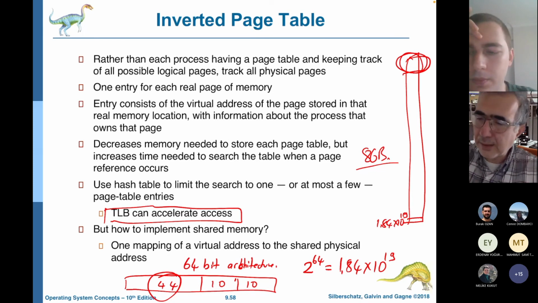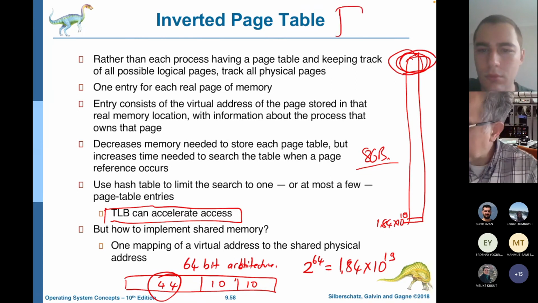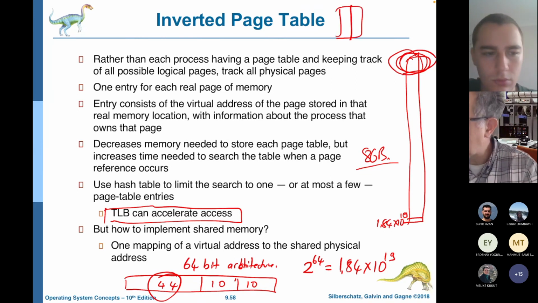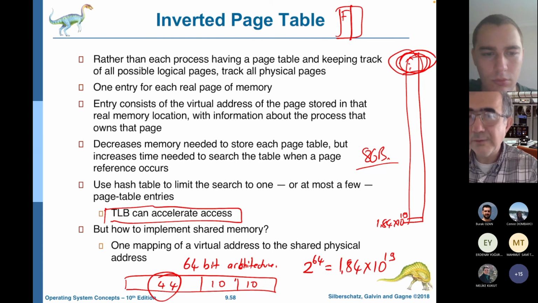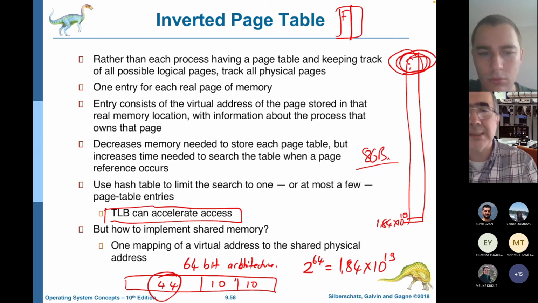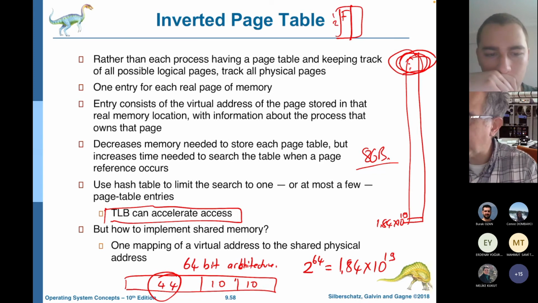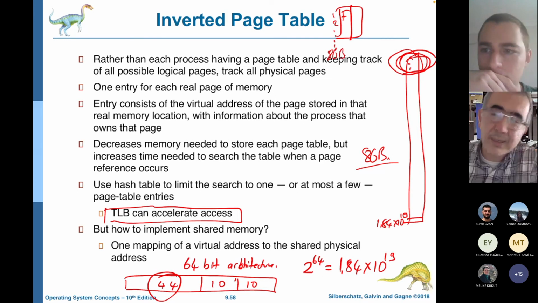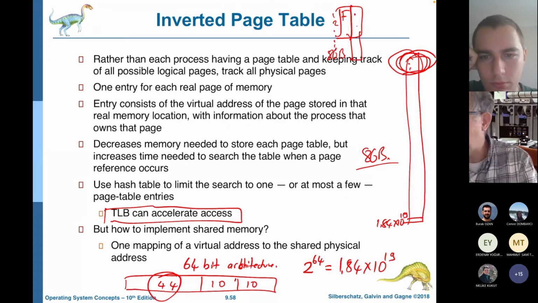Therefore, inverted page table says, make a table for this part, and in the entry for each frame, store which part of the logical memory is mapped onto it. So frame 1, frame 2, frame 3, frame 4, up to frame 8 gigabyte. Because I have physical memory of that size, that kind of physical memory will map to which logical memories.